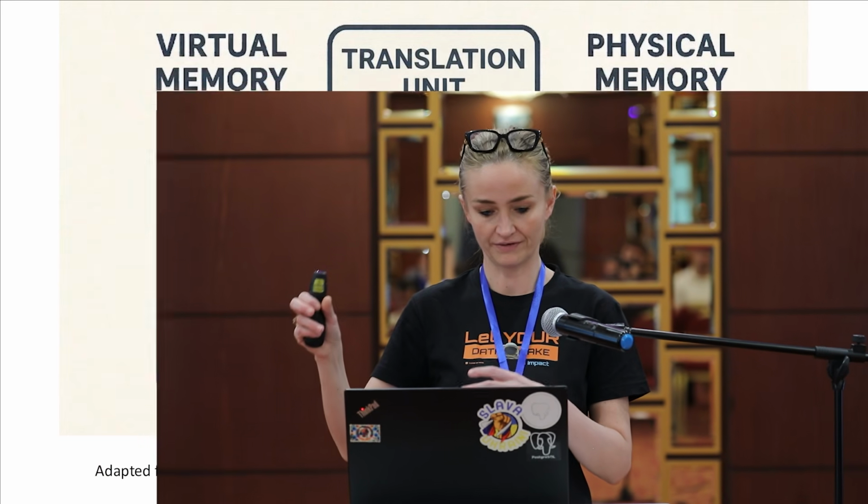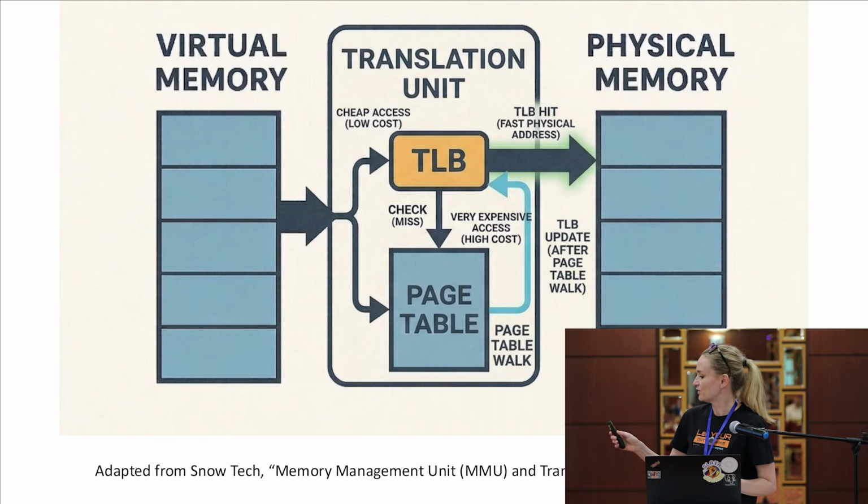This is the memory abstraction provided by the operating system, and Postgres works, as I said before, with virtual addresses, okay? And the physical RAM works with physical addresses. So to be able to translate one into another, we need something in the middle that would be our translation layer.